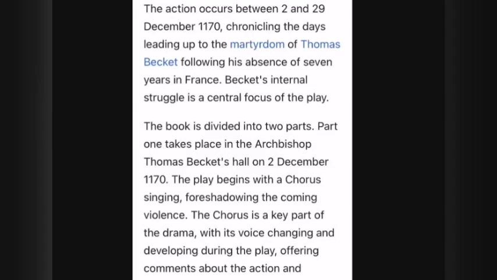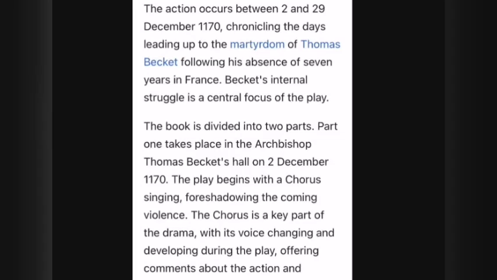The book is divided into two parts. Part one takes place in the Archbishop Thomas Becket's Hall on the 2nd of December 1170. The play begins with a chorus singing, foreshadowing the forthcoming violence.